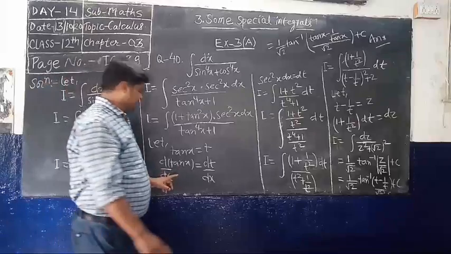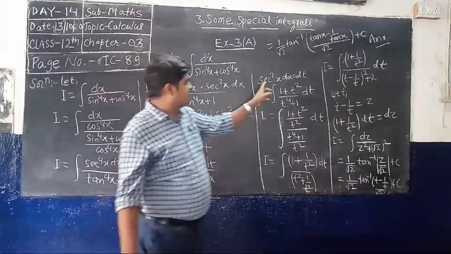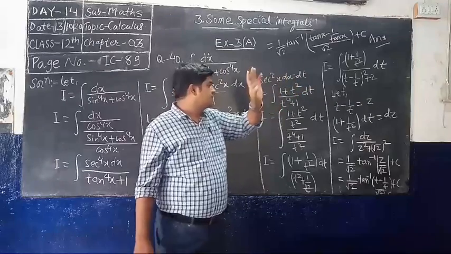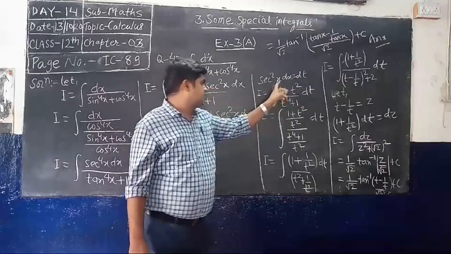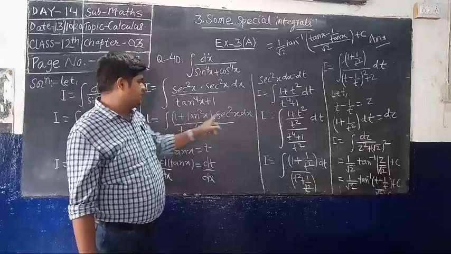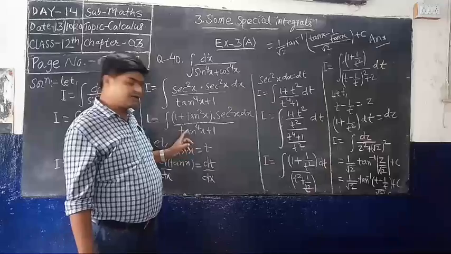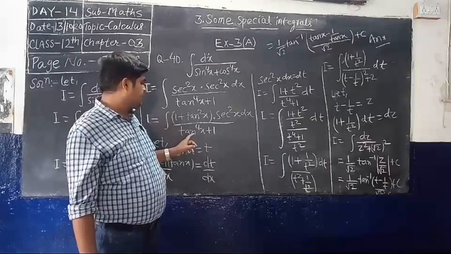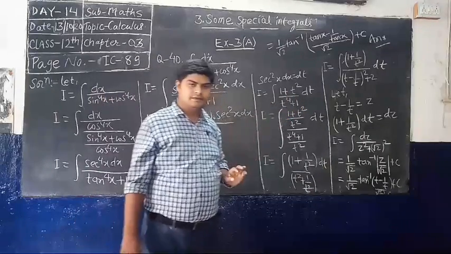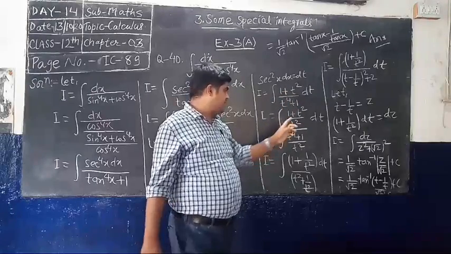The first derivative of tan x is sec square x, so sec square x dx is equal to dt. That means sec square x dx is equal to dt. Then it becomes I is equal to integration of (1 plus t square) dt by t to the power 4 plus 1.